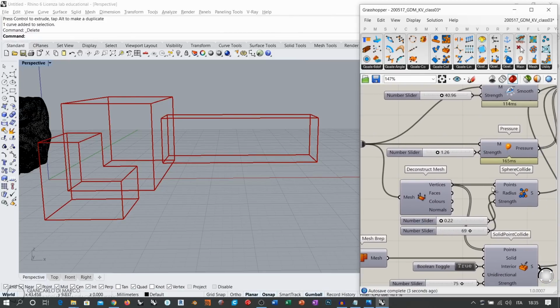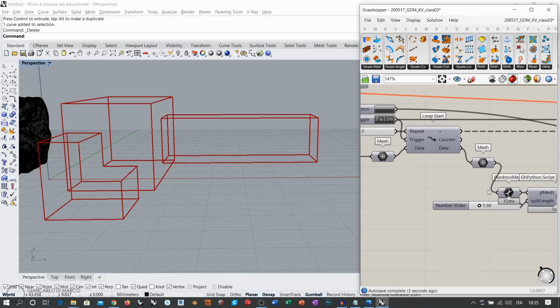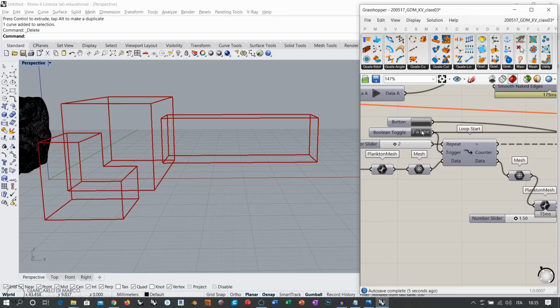Also, if we set the sphere collider radius to this small value, remember that this is not considering the mesh, it's considering only the vertices. So there is enough space between two vertices for a third vertex to pass through. Eventually this is also something that you might want to increase a little. Let's see if this produces some unwanted result.